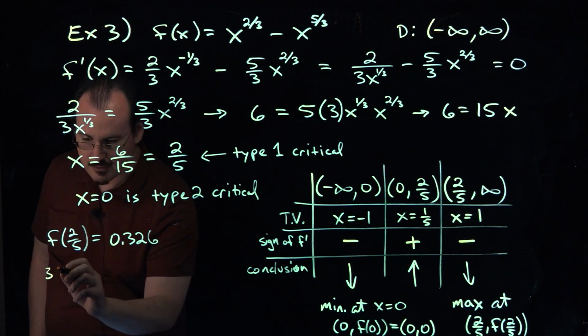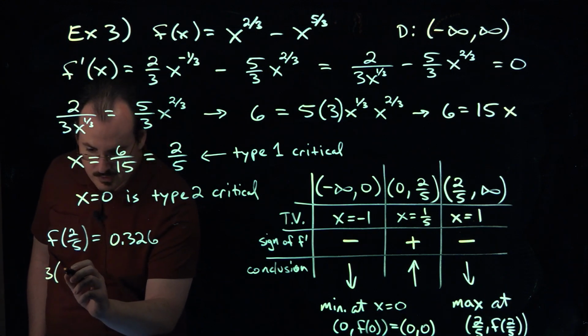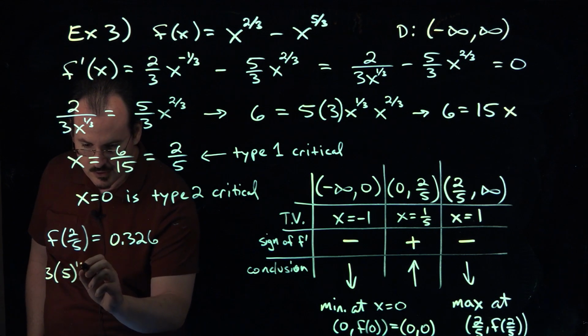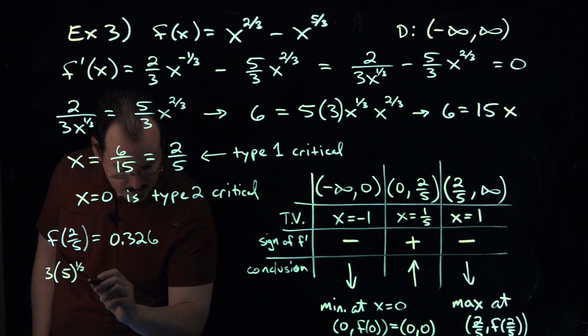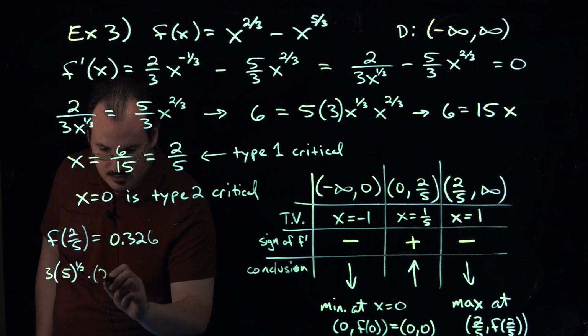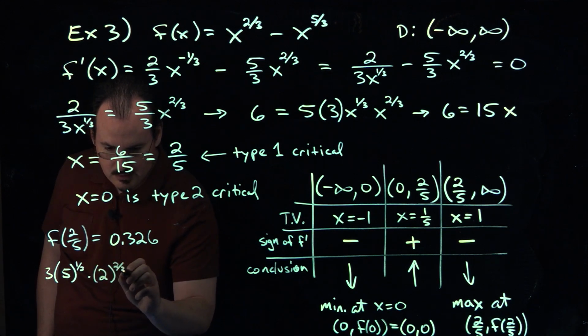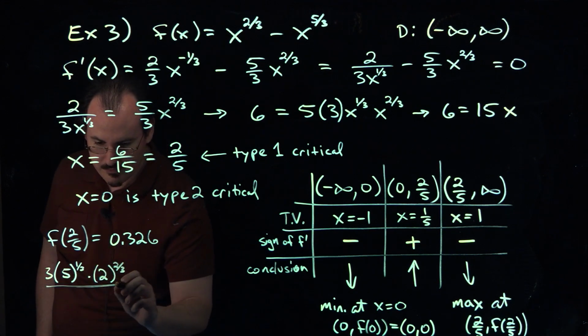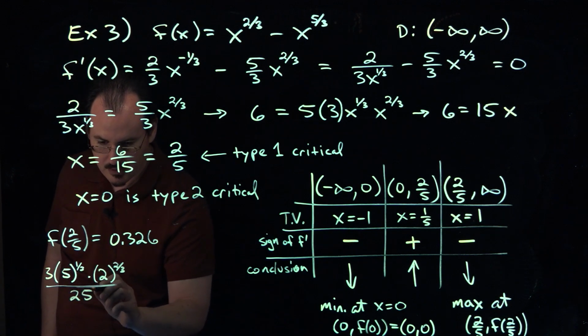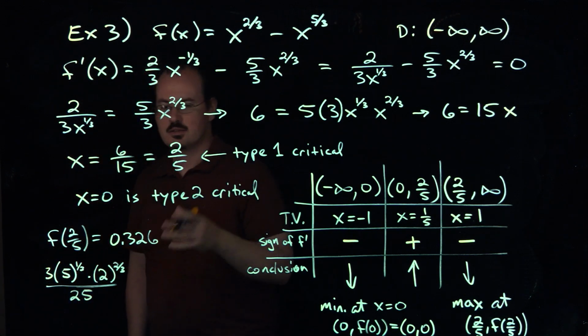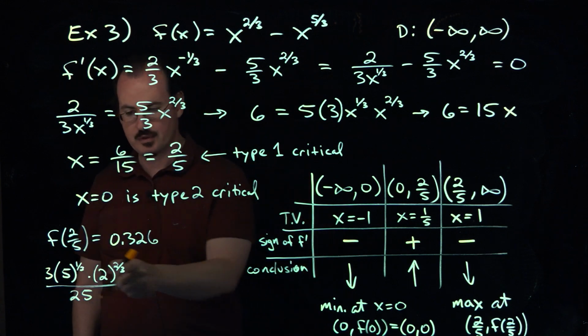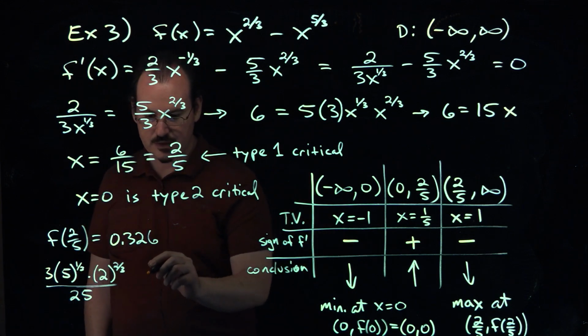It's 3 times 5 to the 1/3, the cube root of 5, and then 2 to the 2/3, and then over 25. So if you have to enter this into MyMathLab as some similar question like this, you'll want to enter it like that because that's the exact value.